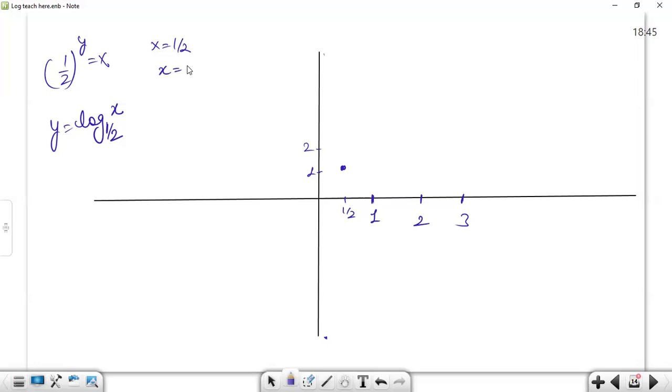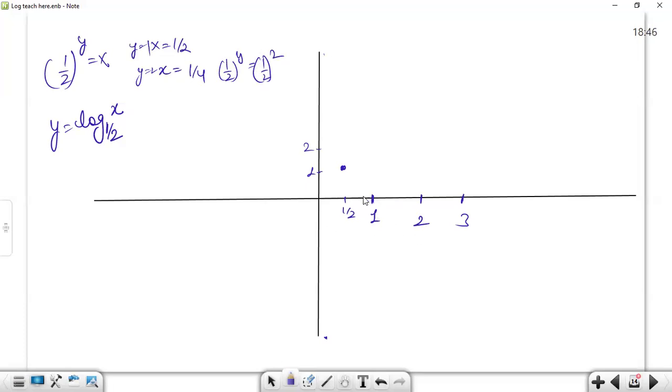For x being, let us say, 1 by 4, y will be... 1 by 4 is half square, right? So y will be 2. In this case y will be 2, y was 1.